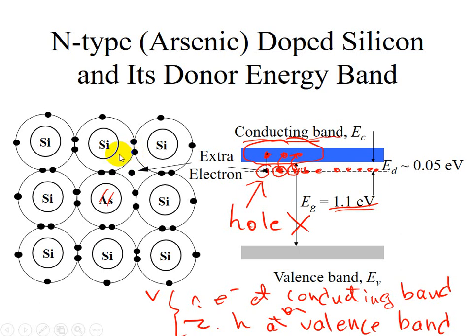There is also the case where an electron jumps from the valence band to the conducting band, forming an electron-hole pair, and both the electron and the hole contribute to conductivity.